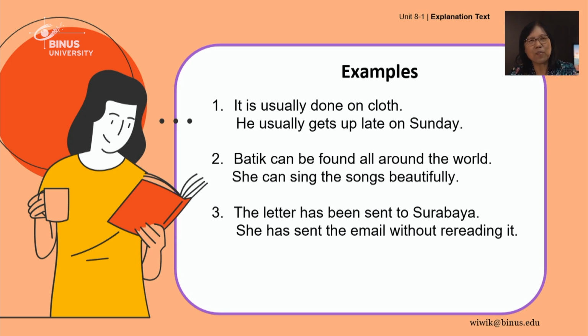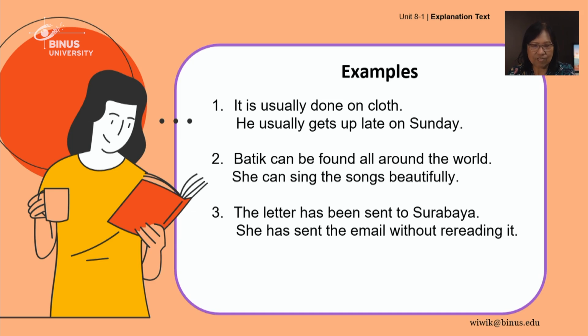Okay, so I do hope that you can differentiate. The first sentence in every number is passive. And then the second sentence in every number is active. So please pay attention to the pattern. If it is passive, then you use to be. It is usually done. Is is to be, and then done is past participle.